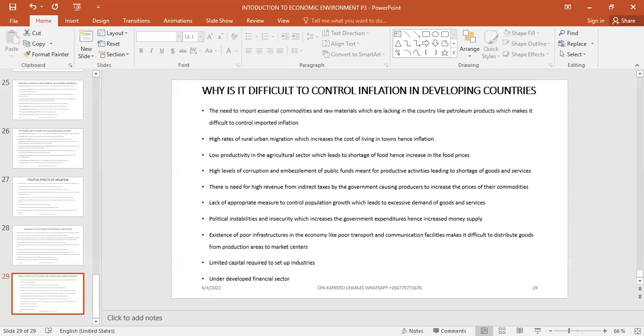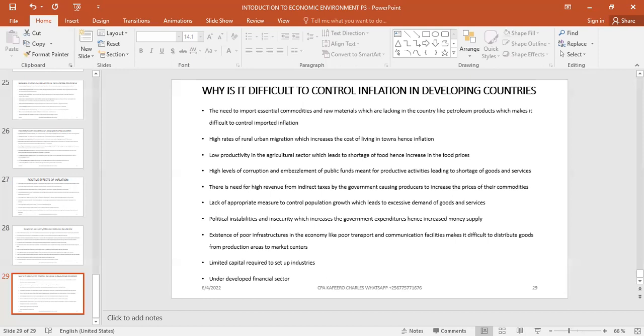Then the other thing, we have political instabilities and insecurity, whereby we spend all our money trying to see how we can reduce those, which doesn't make investors come in so that they can increase productivity. And when that happens, you just know that the general price level of goods and services is going to increase. As they increase, then inflation will appear.